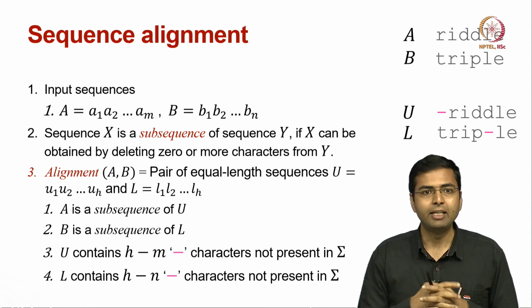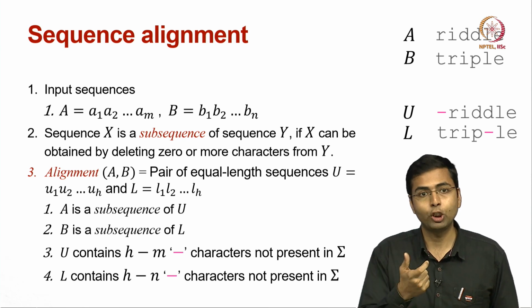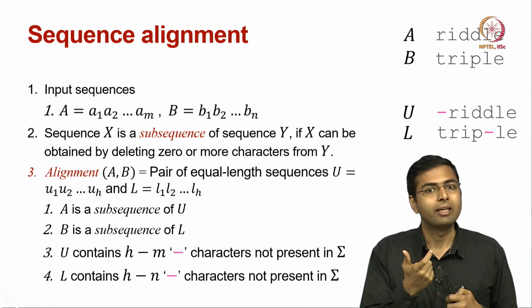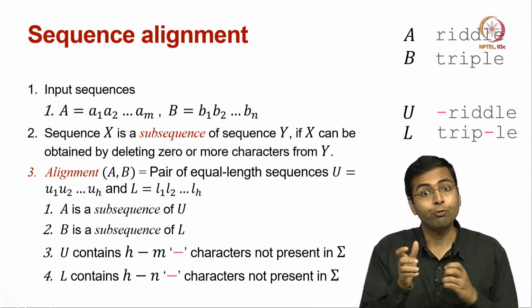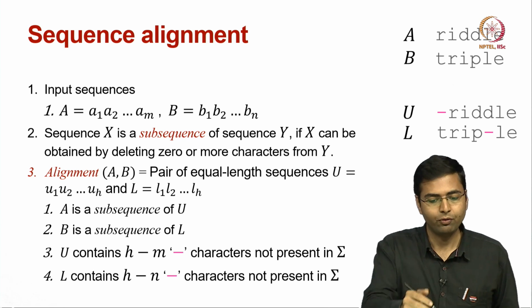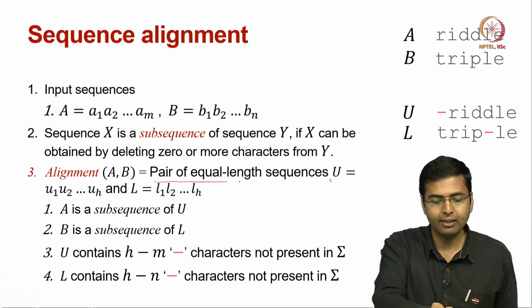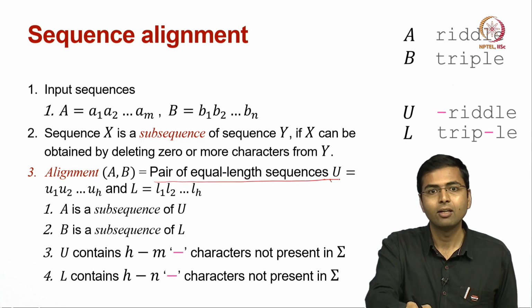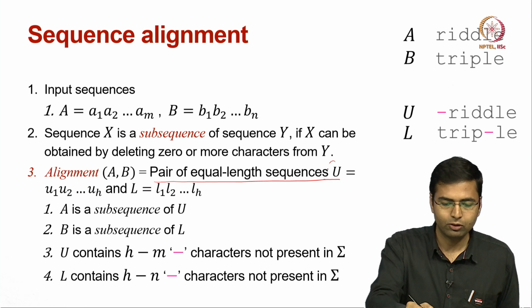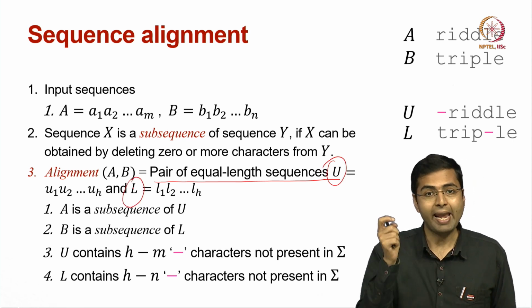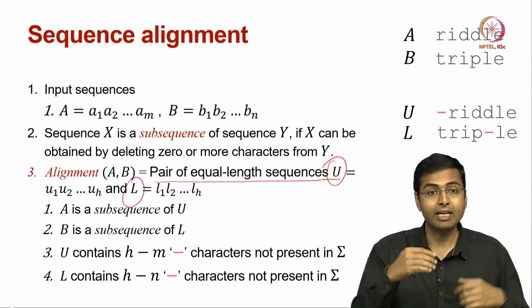Now, given this definition, we can formally define the notion of an alignment. The alignment between two sequences A and B is defined as a pair of equal length sequences U and L. Both of them have H characters, because they are of equal length.